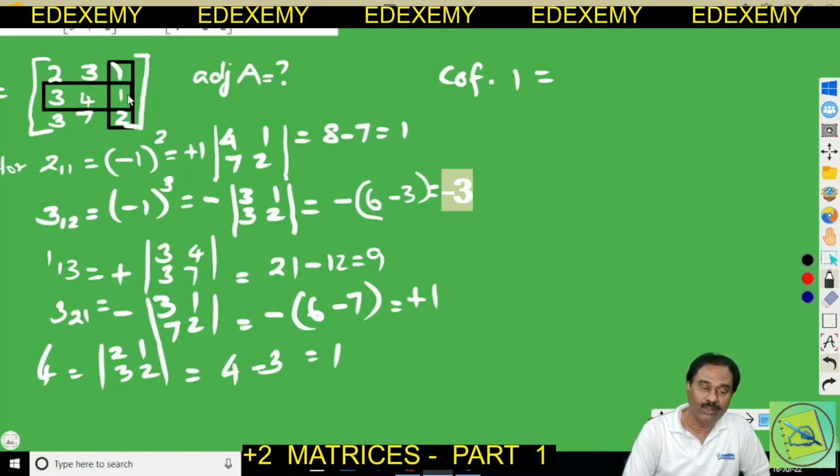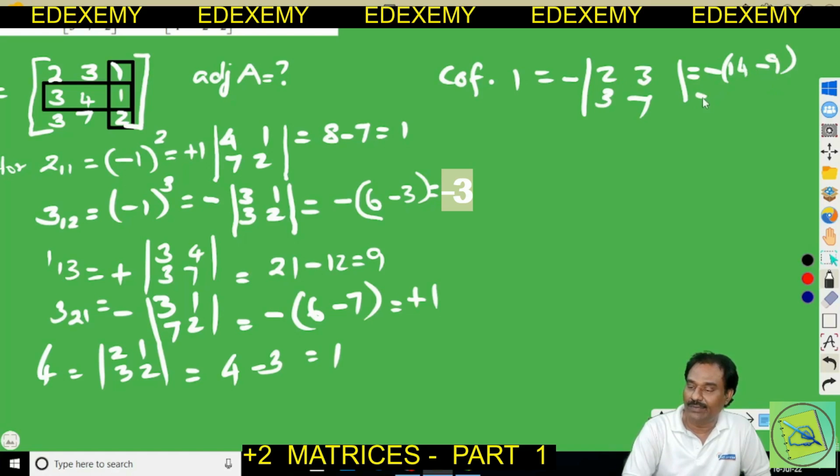We can write the sign alternatively. So minus of determinant. What are the numbers left here? 2, 3, 3, 7. We will write here 2, 3, 3, 7. We will find the value of this. Minus of 7 into 2 is 14 minus 9. 3 into 3 is 9. 14 minus 9 is 5, therefore minus 5.